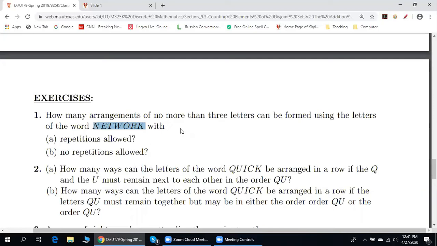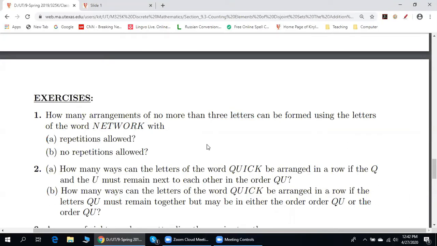Since repetitions are allowed, we use the multiplication rule. Now, how many 3 letters words can be formed? That would be 7 cubed, 7 times 7 times 7. Now, what is the final answer for A? 399.